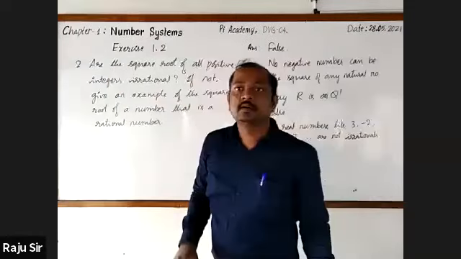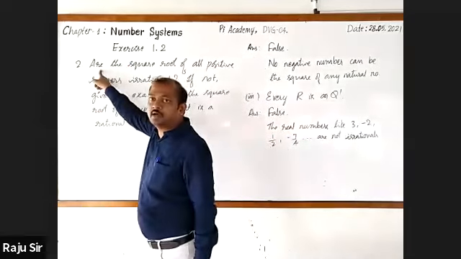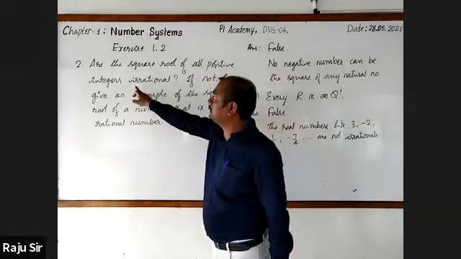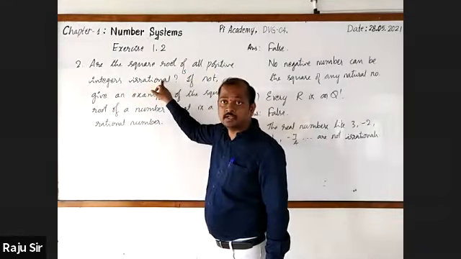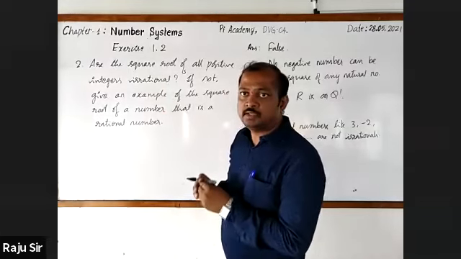Observe. Here they have asked a yes or no question. It has started with the helping verb 'are'. Are the square root of all positive integers irrational? To make you tell yes or no, I will give you an example.